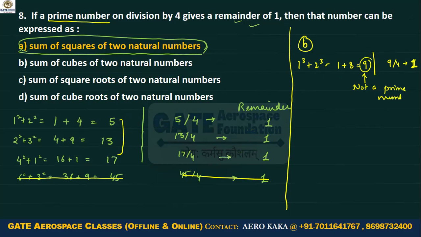Actually, you are not going to get a prime number ever if you are doing the sum of cubes. There are chances you may get or you may not get, but this is not a prime number. So this particular statement is not applicable. The same thing you can try with other options as well, which are not going to work.